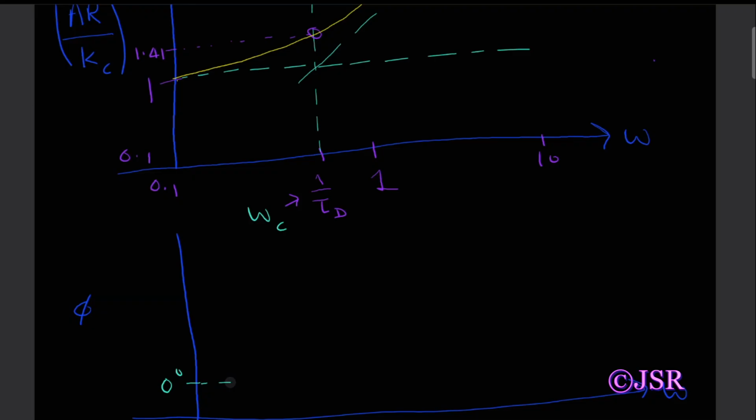So this is phi equal to 0 axis, and this is phi equal to plus 90 degree axis.